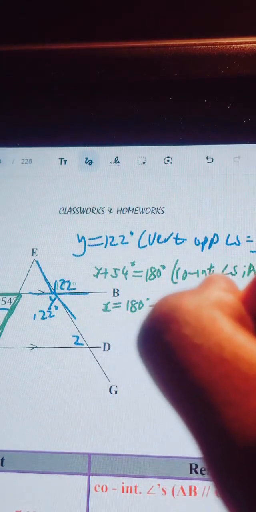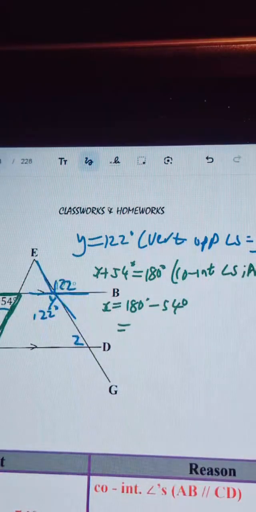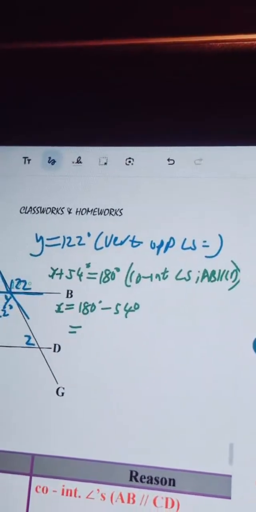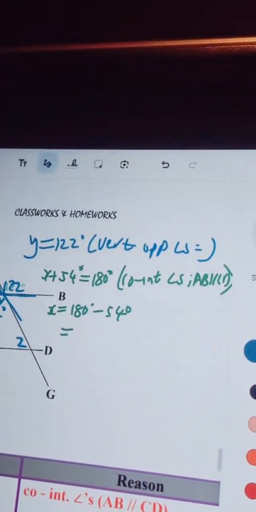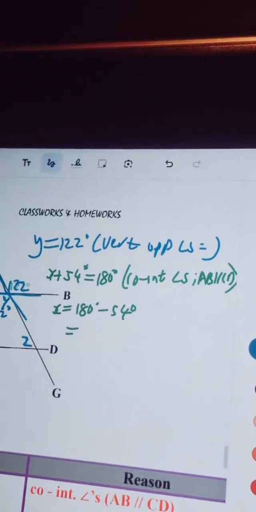180 minus 54 degrees. What's 180 minus 54? It's 126.